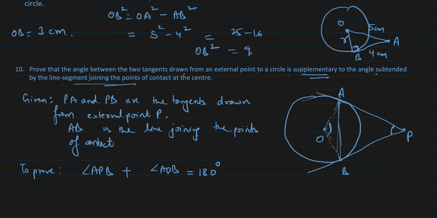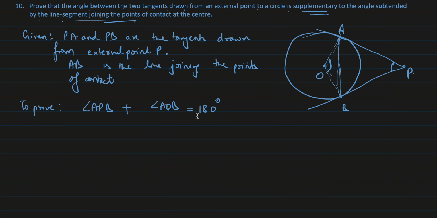So it's supplementary to the angle subtended by the line segment joining the points of contact at the center. So how do we do it? It's a very simple proof. We know that OAPB is a quadrilateral.